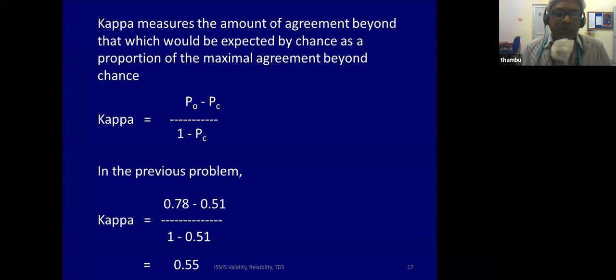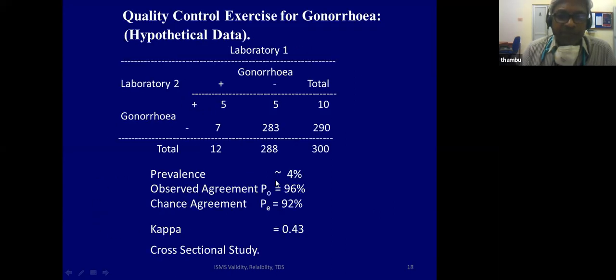Now, if you put it in symbols, P0 minus PC divided by 1 minus PC. So the observed agreement is 0.78. The chance agreement is 0.51. 1 minus the chance agreement is 1 minus 0.51. And we come to 0.55. So this is how the mathematical formula of kappa is calculated.